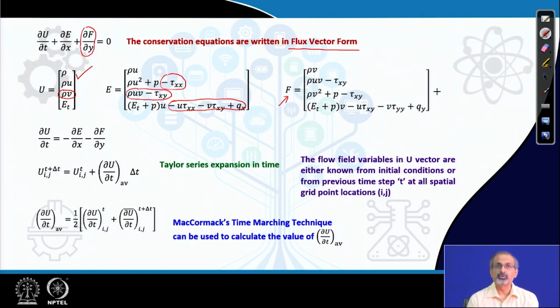If you were to solve for Euler equations, then you would not have had these terms. So, these are the additional effects which come due to a viscous flow.